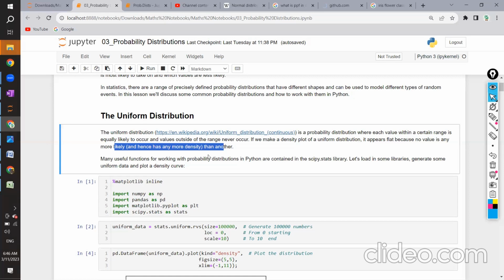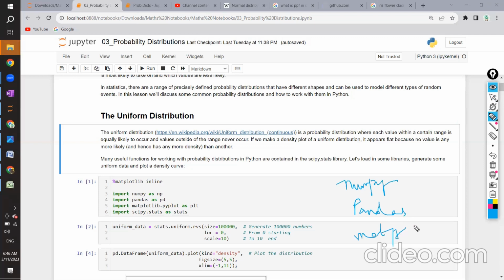Okay, fine. So we are going to use the SciPy.stats library. As you know, we have famous libraries, power packages: NumPy, pandas, matplotlib, and SciPy.